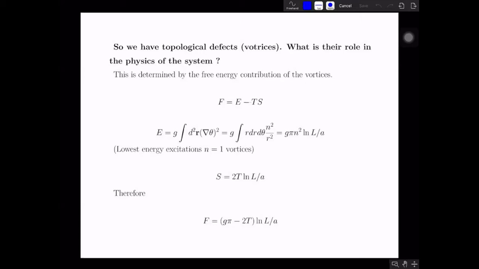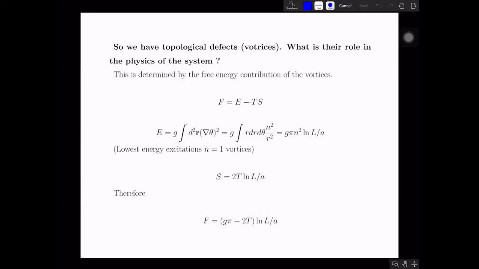If something needs to be relevant to the properties of the system, it better have a free energy contribution. From the free energy we can take various derivatives to find out how they affect the properties of the system. So what one wants to understand is the free energy contribution of these vortices.